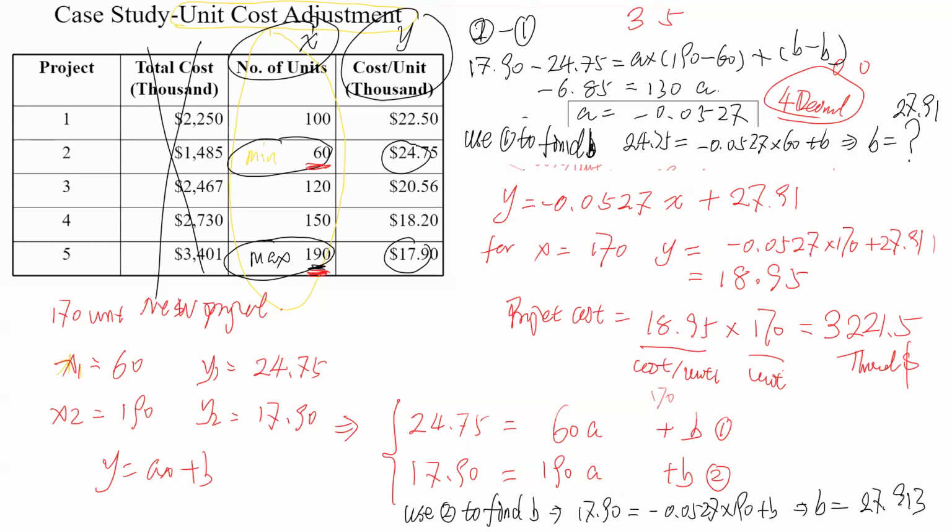There's some confusion over here. You have 150 here, you have 150 here, you have 80.2, right? But when you're getting 170 here, if your calculation is correct, you get this 18.95. You all get this number?